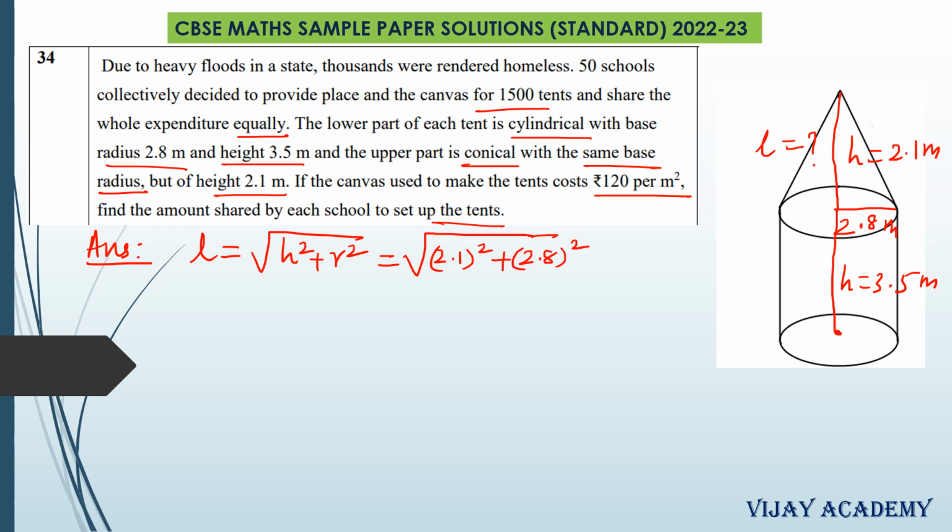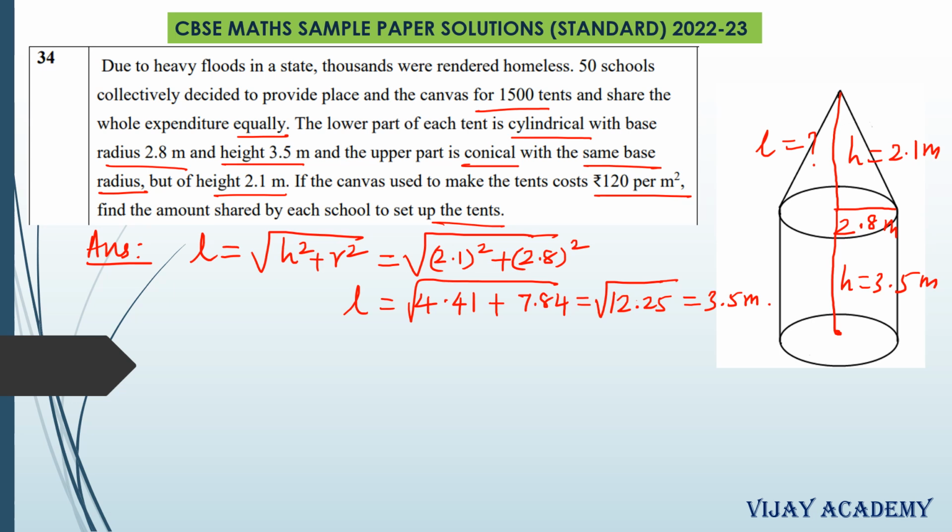So 2.1 the whole square is 4.41, and then 2.8 the whole square is 7.84, and adding these two we get the square root of 12.25, which is 3.5 meters. So slant height of the cone is 3.5 meter.